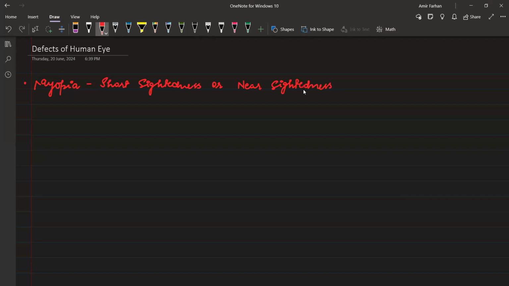What does it mean? It means that the person having myopia can see the nearby objects clearly, but cannot see the far objects. Clear, everyone? Yes. Short-sightedness means it can see the nearby objects clearly.